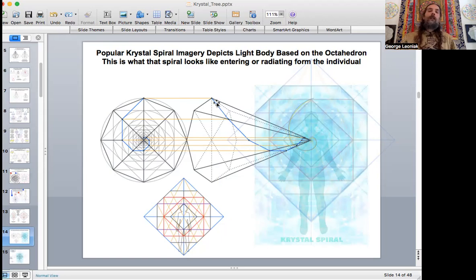So that octagon base would be following the square and square and square structure of how the crystal spiral follows those squares around. And that means these segments and all the increments that it's progressing at are all going to follow the same progression that you see here on this crystal spiral on the flat view.